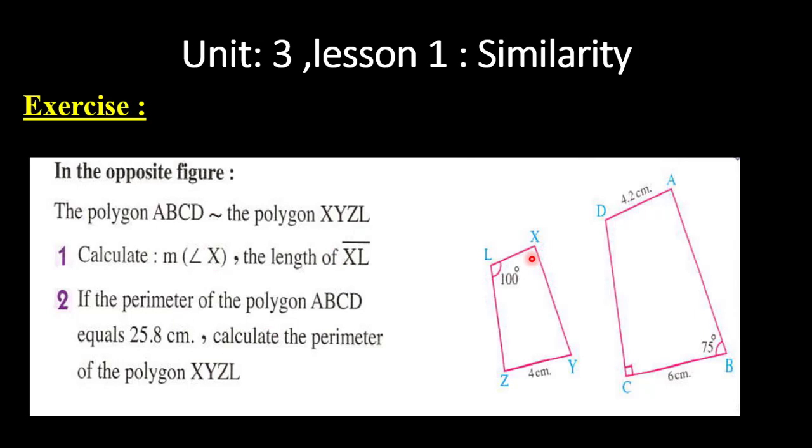Measure of angle X. We said the two polygons are similar, so angle A equals angle X, and angle B equals angle Y. This is 75, so Y equals 75.